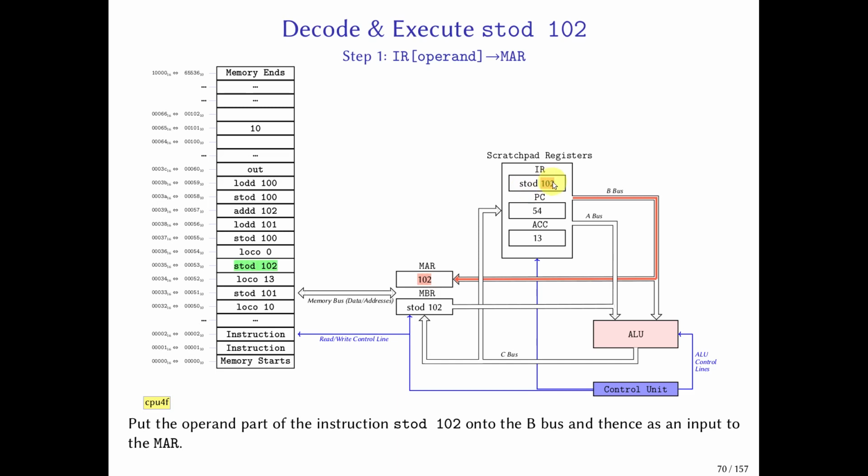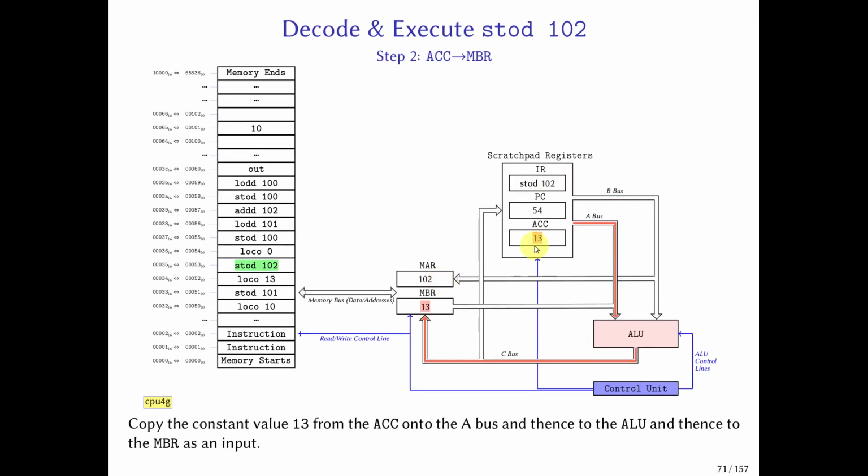And then it looks at the operand, and because it knows the type of machine code instruction that has to be executed, it takes the operand part and copies it to the memory address register. It then takes the value that's in the accumulator and copies it through the network of internal CPU buses, the data path, to the memory buffer register.